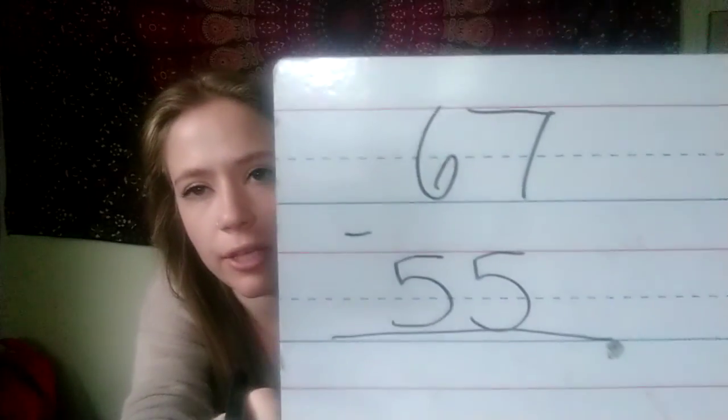So I'm going to set it up like a regular math problem though. So I'm going to do 67 minus 55. So this is how it looks if you set it up long ways. And let's go ahead. So 7 minus 5 is 2.